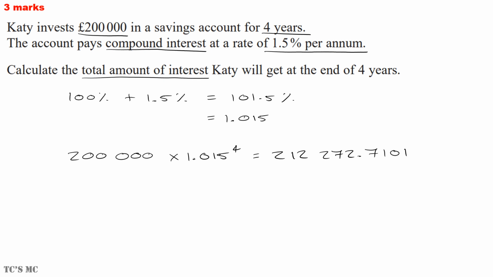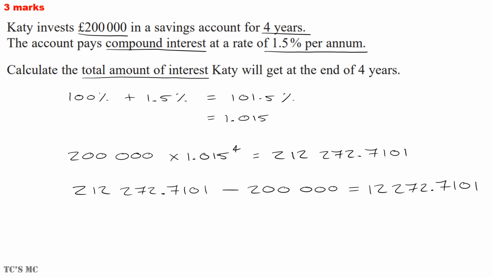The question, however, says the total amount of interest. So we need to do 212,272.7101 subtract the original amount, so 200,000. That leaves us 12,272.701.